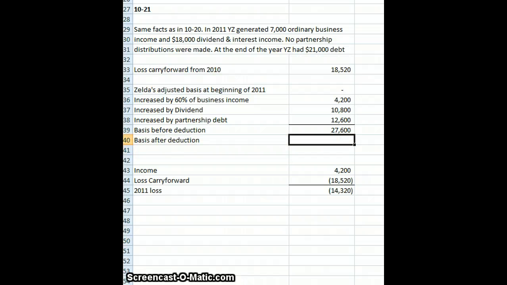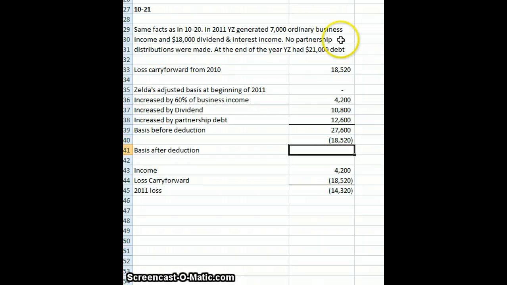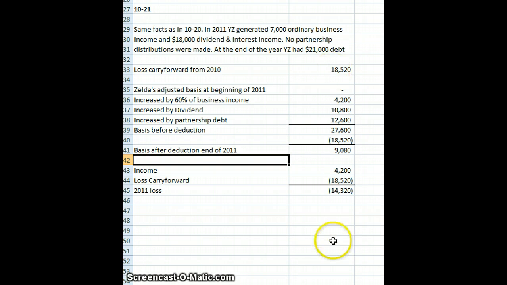We're going to subtract out our 18,520 of the loss carry forward that we used, and our ending basis then is going to be 9,080. So that's our basis after deduction, whatever the end of 2011 will be our basis.